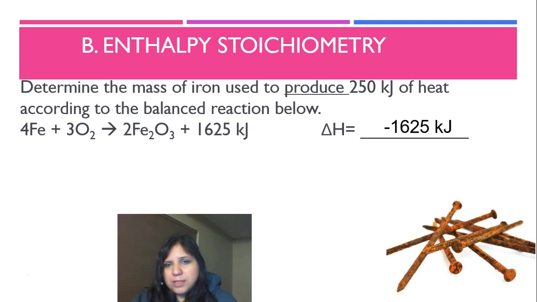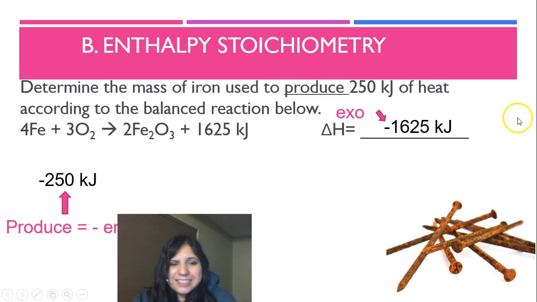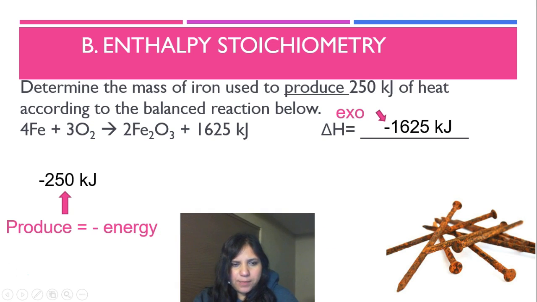We'll start with the energy this time, so working backwards. Oh, and that's exo. All right, so negative 250 kilojoules. It is negative because we are producing that energy.